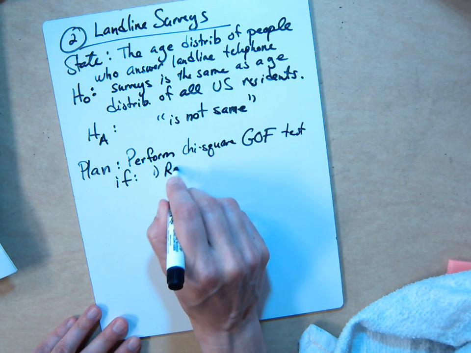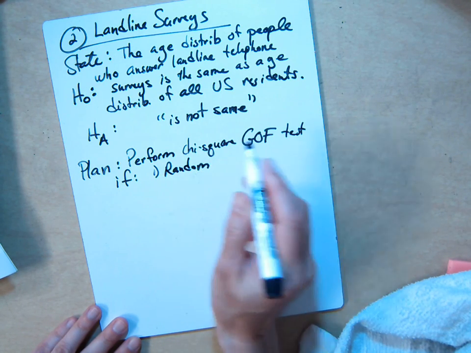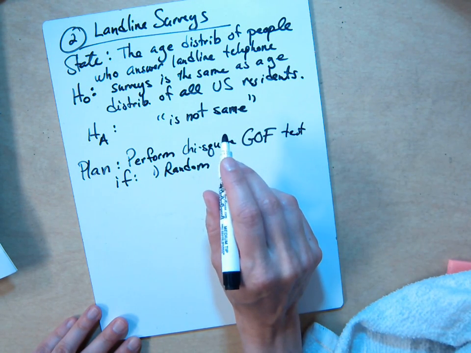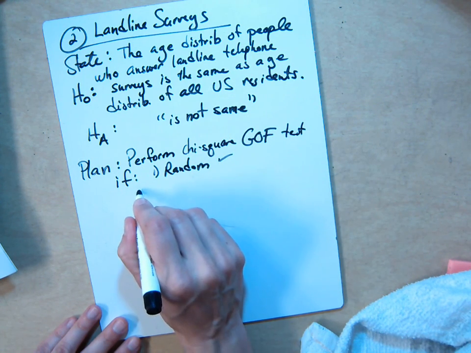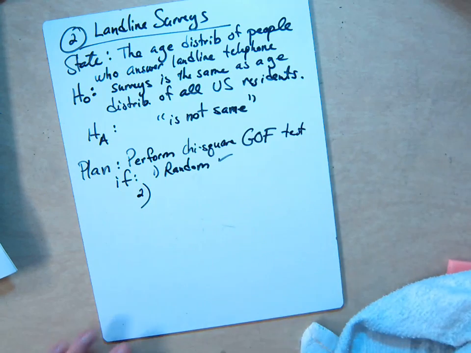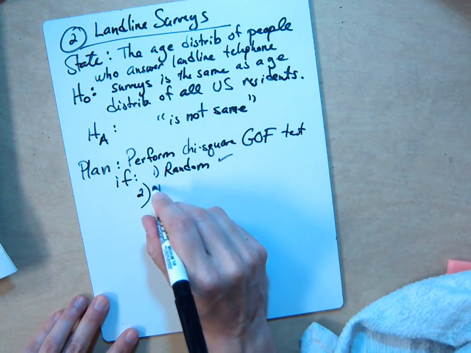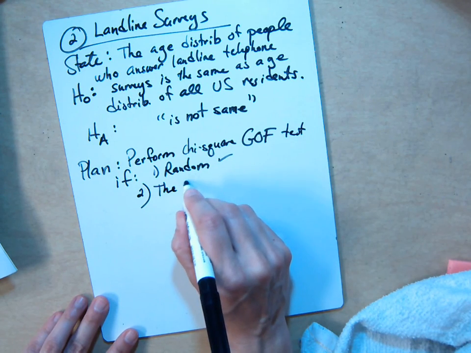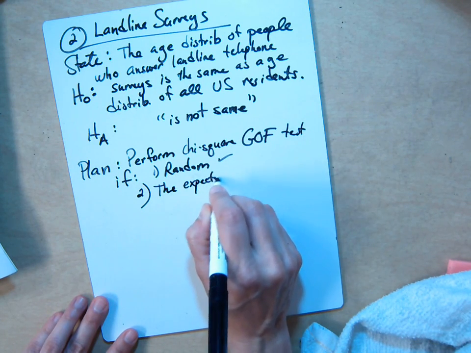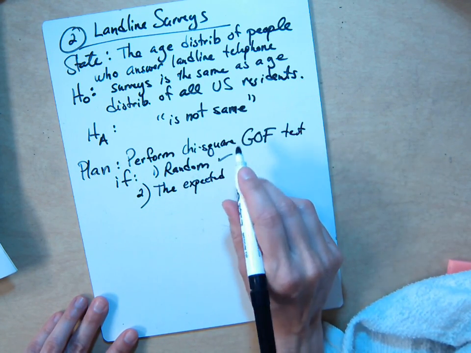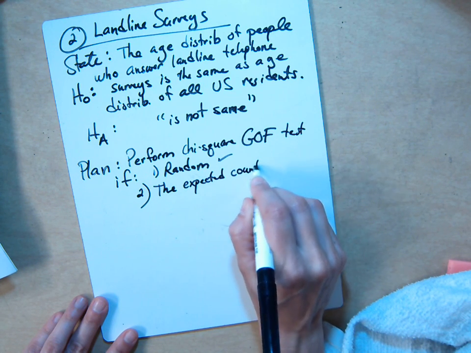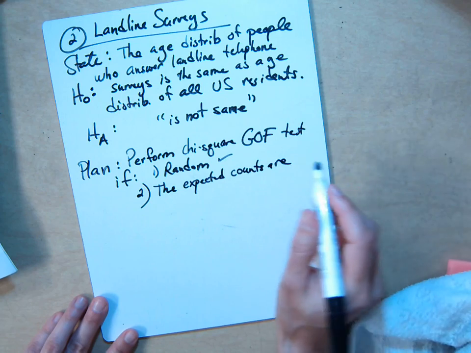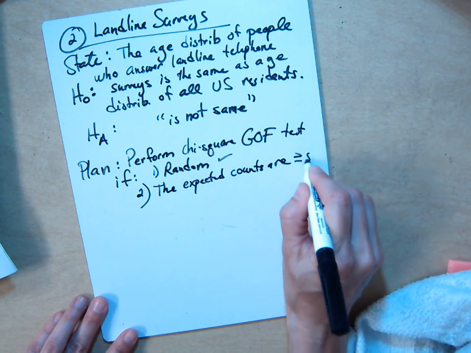So 1, random, and it is taken, the data's from a random sample. 2 is where we compute our expected counts and make sure they're all at least 5. On the AP test, you cannot just say the expected counts are greater than 5. You have to actually compute them to test that condition. Are greater than or equal to 5.